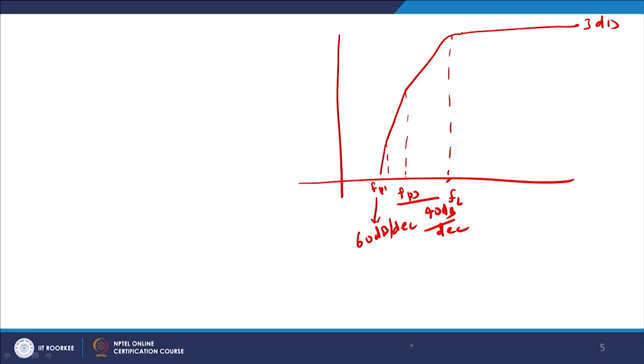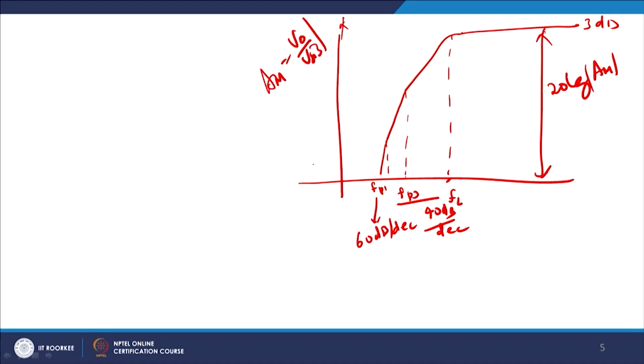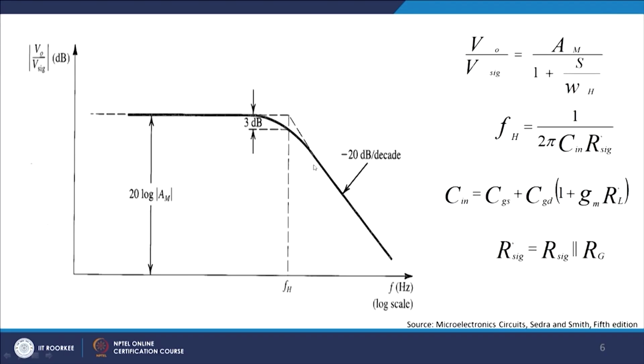This is nothing but 20 log of AM, where AM is the gain, AM equals V0 by V sig for a fixed value. So from the gain, Cin is equal to Cgs plus Cgd into 1 plus Gm times RL.